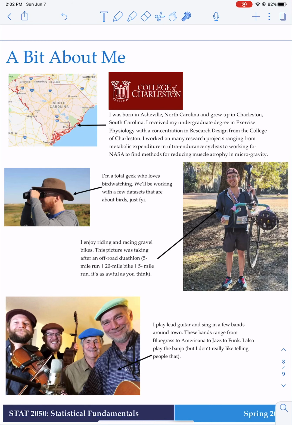I have my undergraduate degree in exercise physiology, human physiology, with sort of a minor, more of a concentration in research design. So a lot of statistics there. And then I'm getting a master's now in statistics from the University of Wyoming. I worked on, and still do work on, some pretty cool research projects that involve endurance athletes, and then I also worked with NASA, if you recall, in 2016, 17?